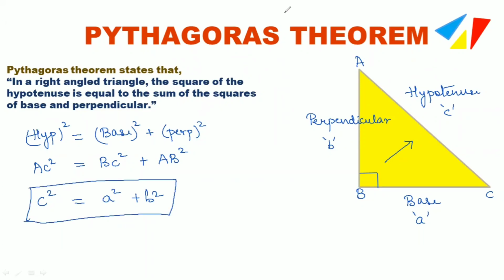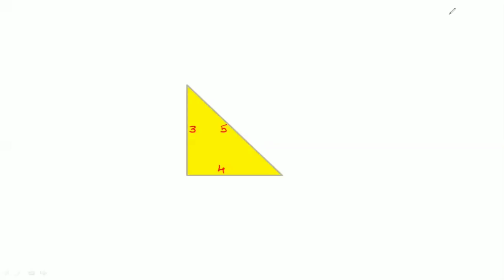Now let us understand how to prove this theorem by an activity. Here I have taken a right angle triangle with base as 4 units, height as 3 units, and the hypotenuse is 5 units. Using these sides of the right angle triangle, we are going to construct squares on them.